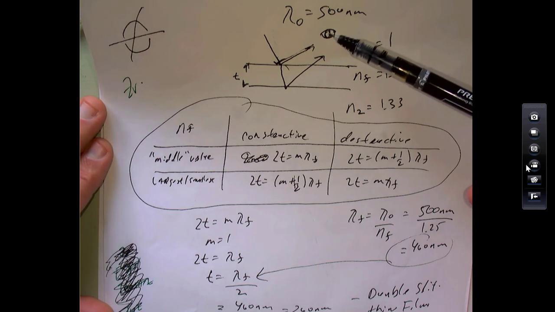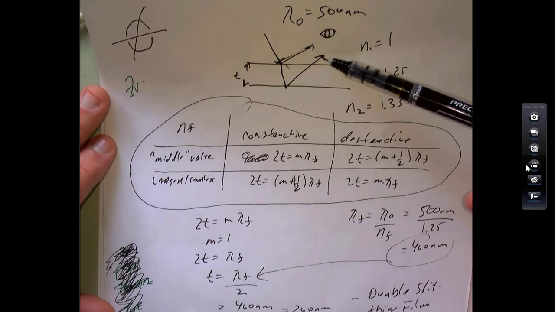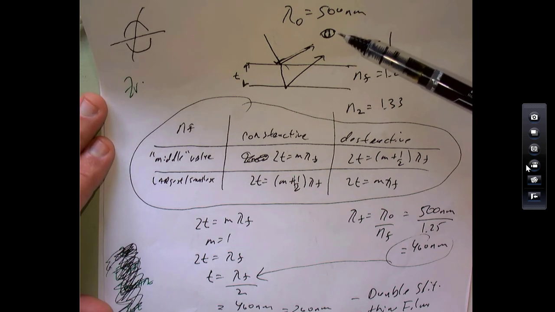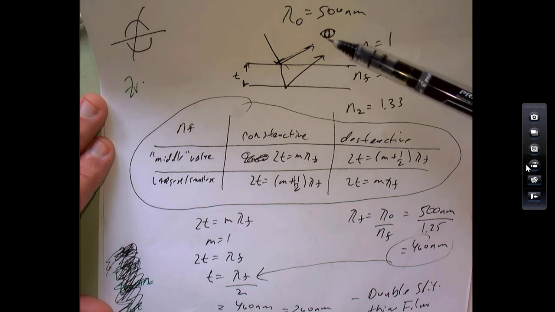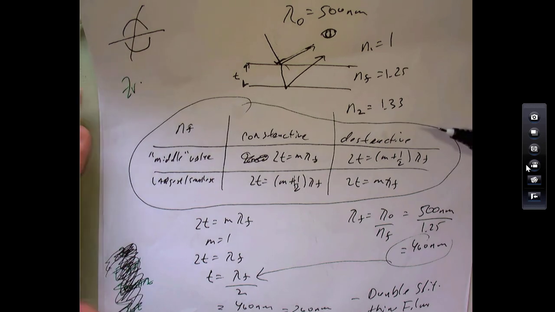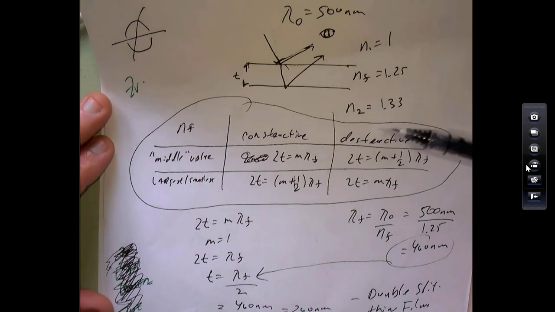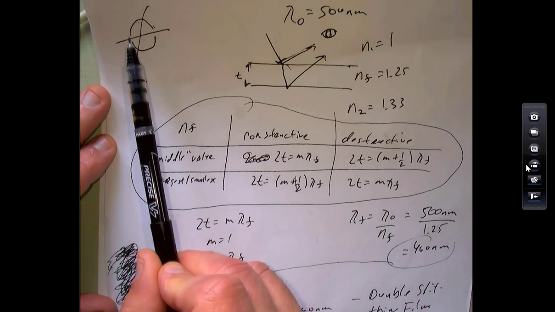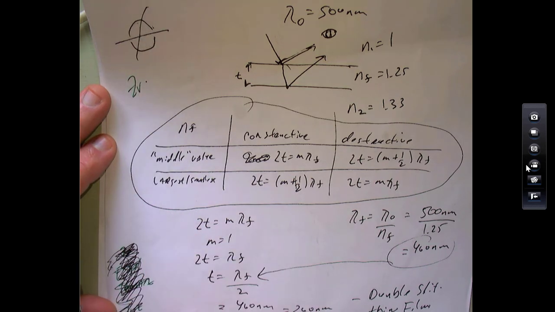Here's your eye. Does this light and this light, do they arrive in phase? Now if they arrive in phase, they actually add together and you see them. Now if they arrive out of phase, they can kill each other off. That's anti-reflective coating. So out of phase means the wave looks like this from one side, from the other side, they kill each other off.